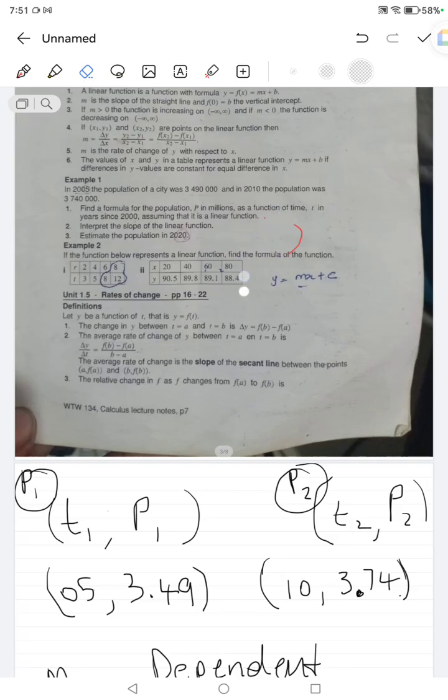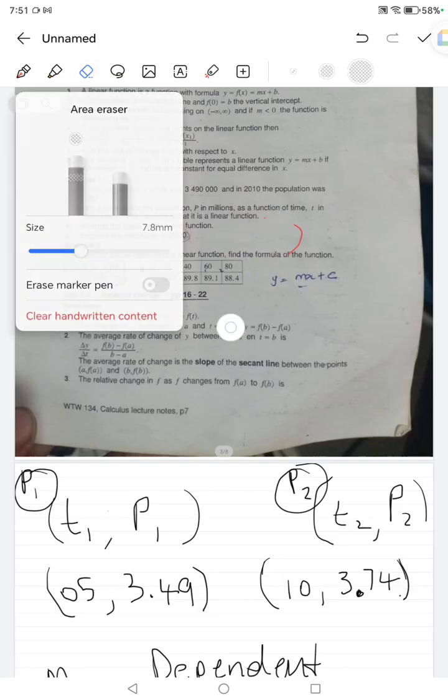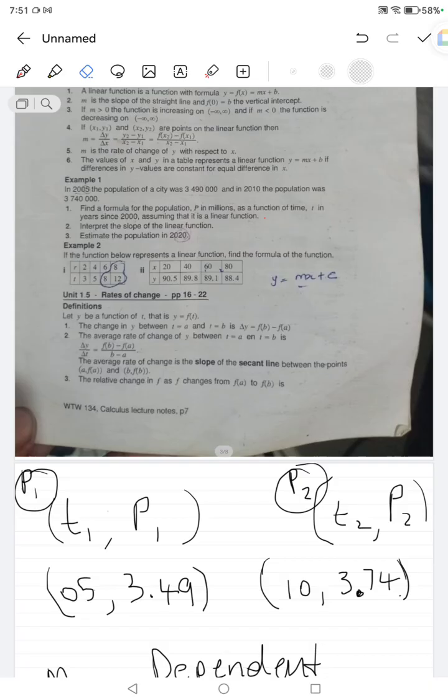Now the other type of question they would ask is the one in example 2, where they say if the function below represents a linear function, find the formula of the function. Remember the format where I told you that you have your delta, you have to consider this gradient.